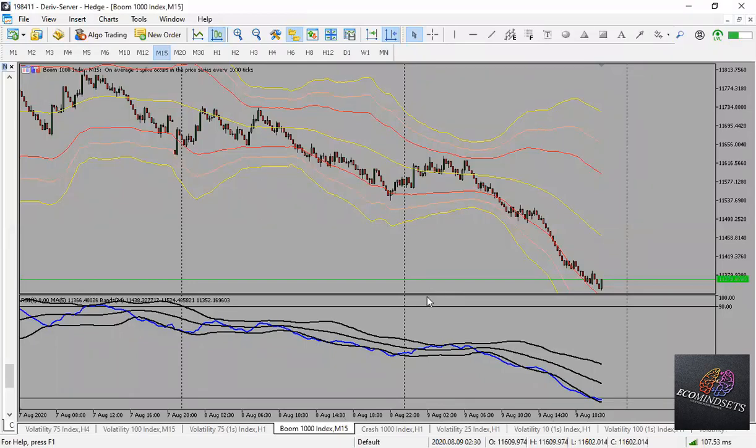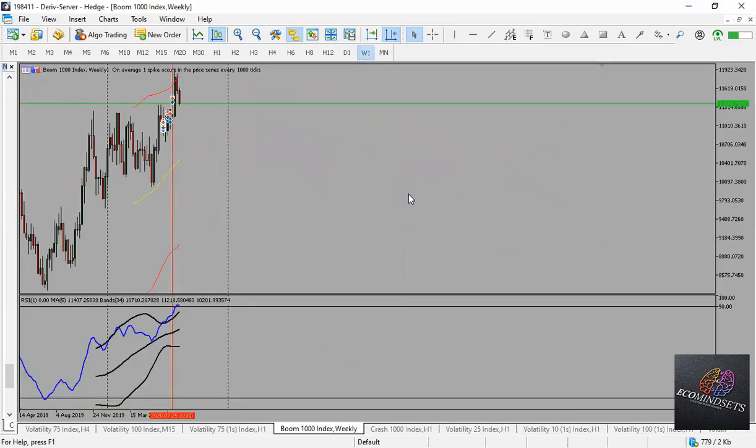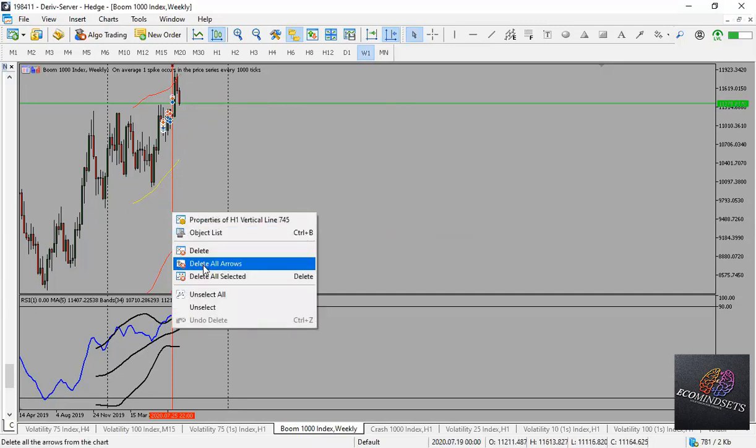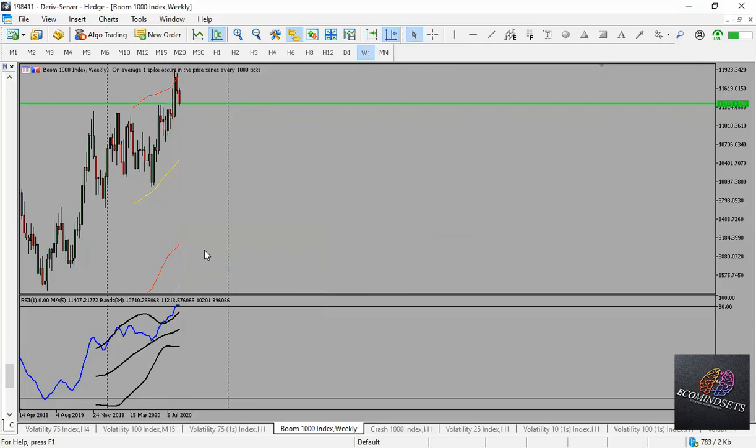So first of all, before you start any trading or before you enter the market, the first thing you need to do is to check your weekly candlestick. Okay, you come to your weekly to know what weekly is trying to do. Here we can see that our weekly candlestick is bearish, which means that we are on a strong downtrend.